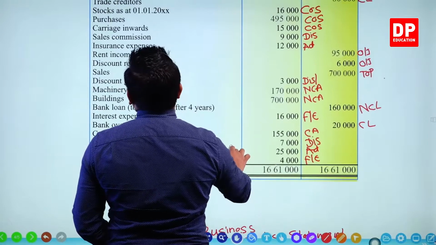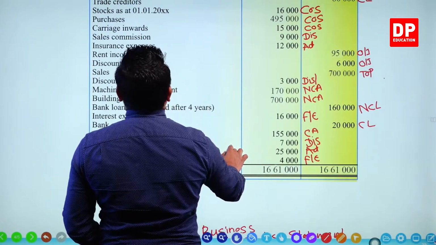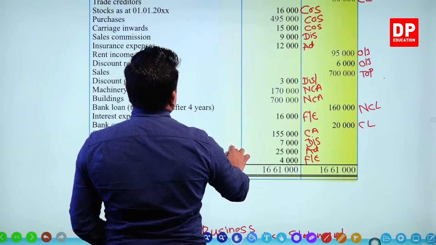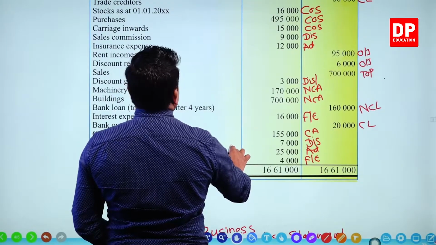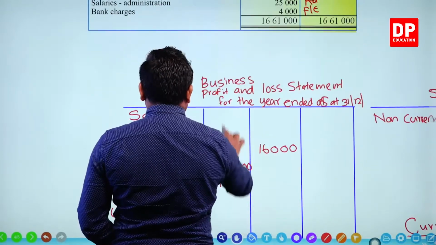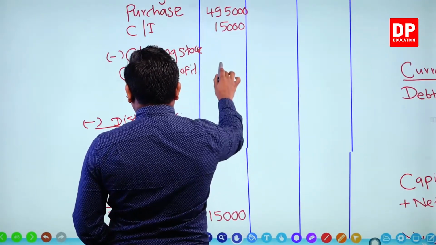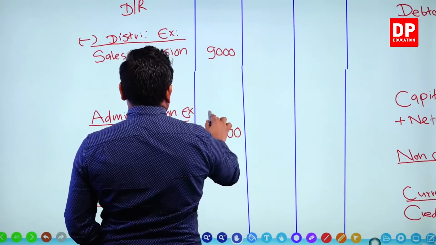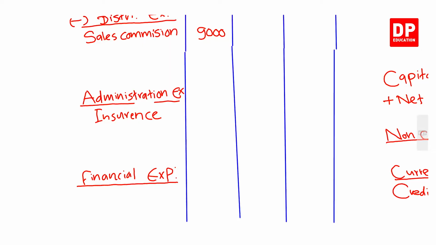Check it again. No, not. Insurance how much? 12,000. Insurance 12,000, right?